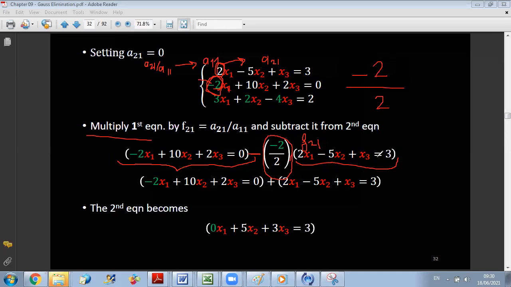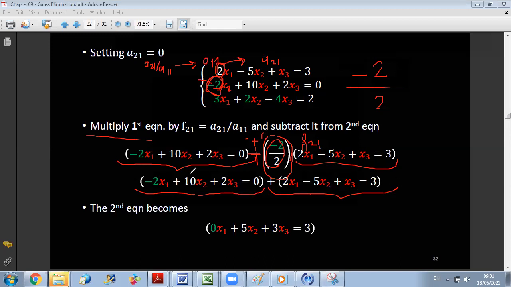And then what do I get? This equation will remain as it is. Here, since the factor is -1 and I am subtracting, it becomes +1, so it is equivalent to adding equation 1 to equation 2.